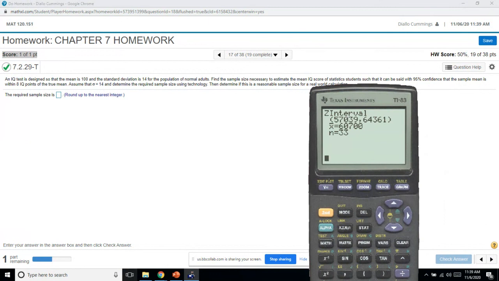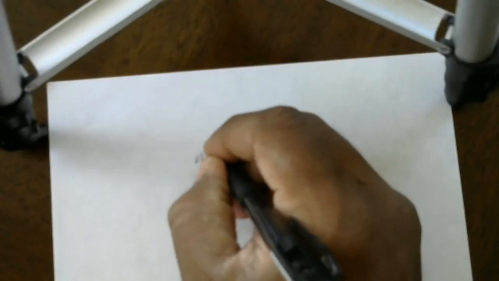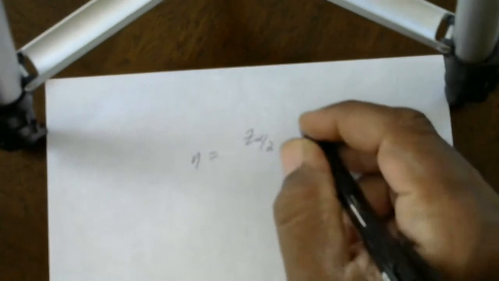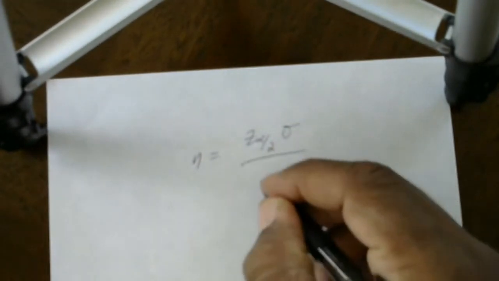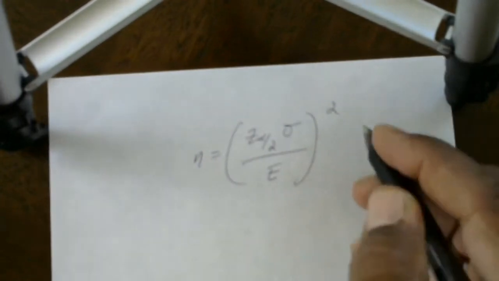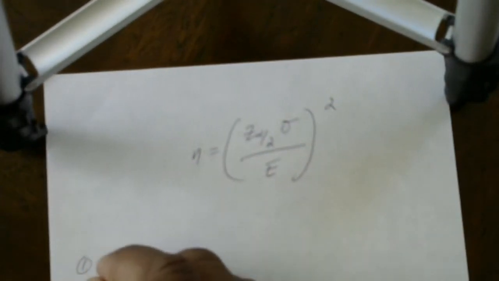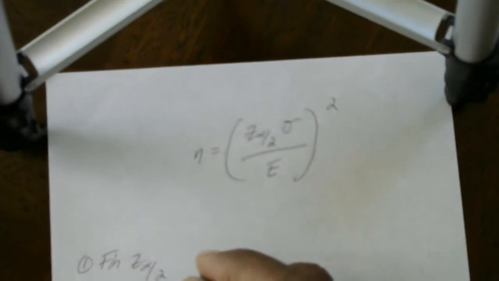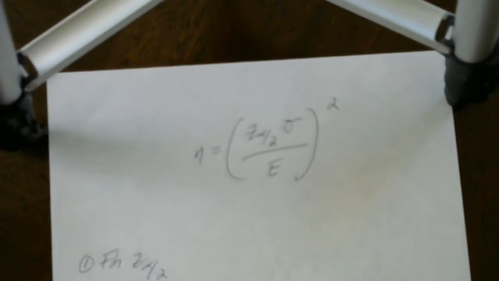And I'm going to go back to our document. And we had n is equal to z alpha over 2 times the standard deviation divided by the margin of error, and that is all squared. So the first thing we have to do is find z alpha over 2. So from our problem, we were given that the confidence level is at 95%.